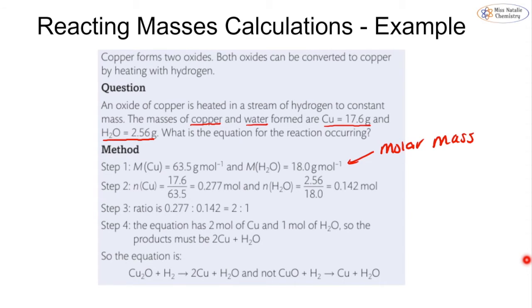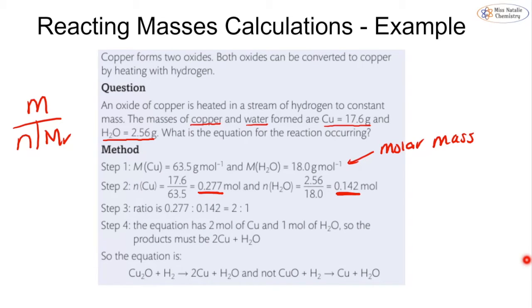So my number of moles of copper, remember, is the mass divided by the molar mass. So 17.6 divided by 63.5, giving me a number of moles of 0.277. And for water, it's 2.56 divided by 18, giving me 0.142.